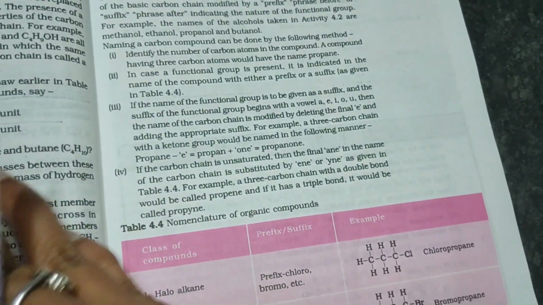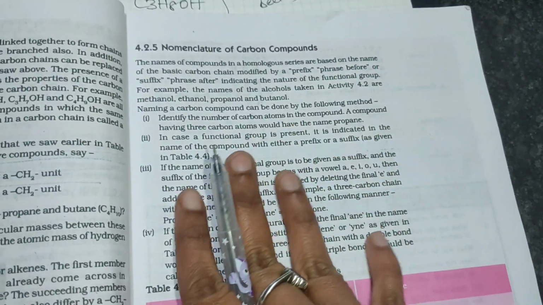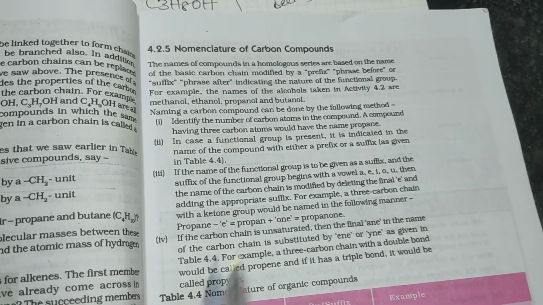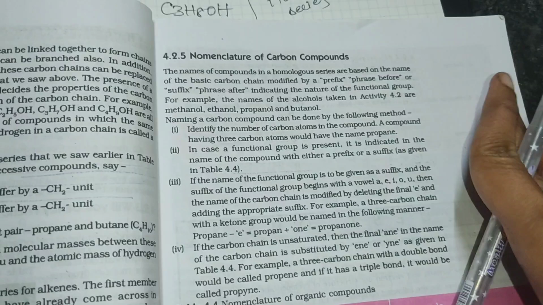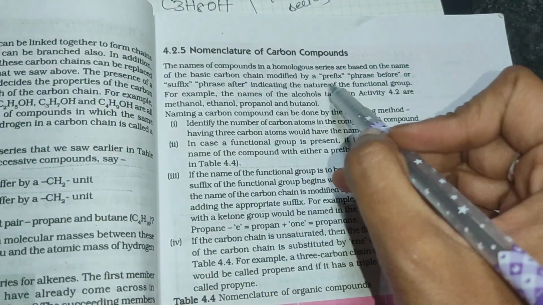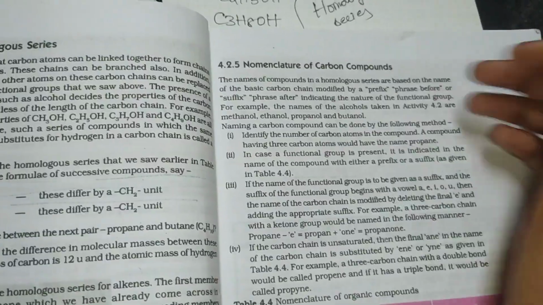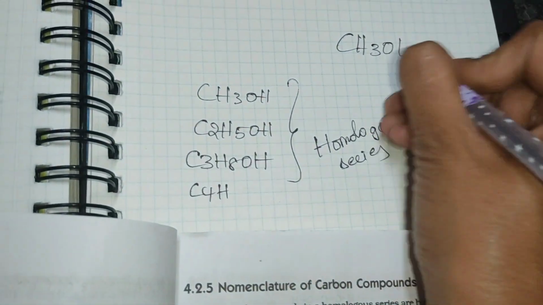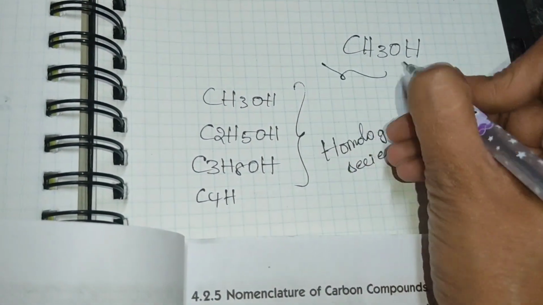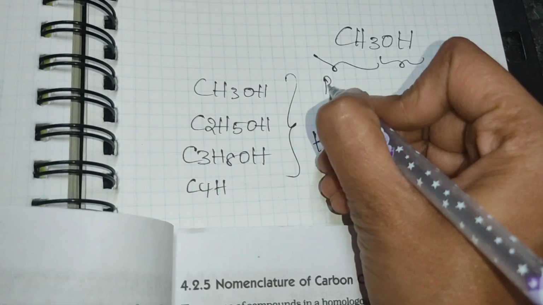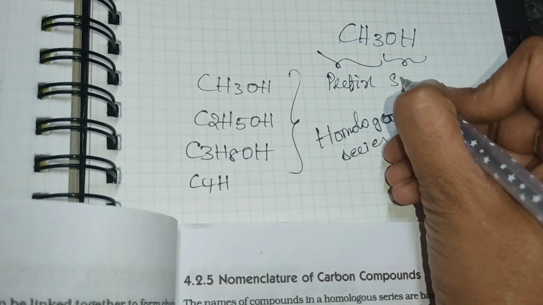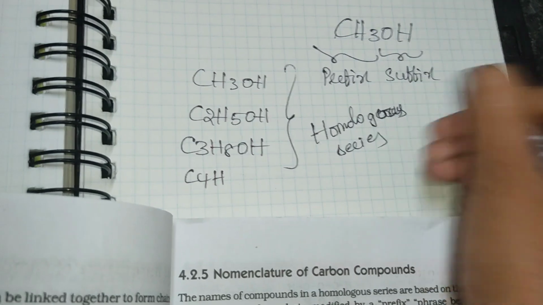Then how do we name these carbon compounds? I already told, there will be two parts, prefix part and suffix part, indicating the functional groups. For example, if we take methanol, this is called prefix, this is called suffix. Carbon structure is prefix and functional group is suffix.